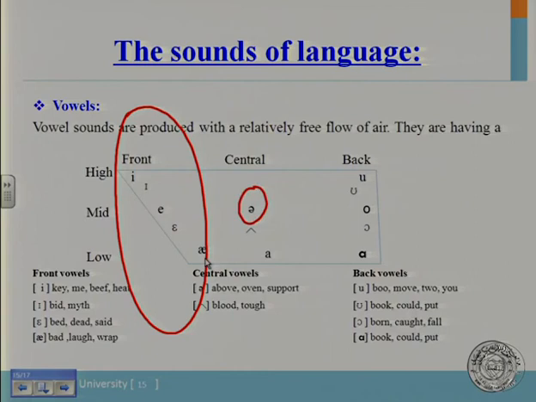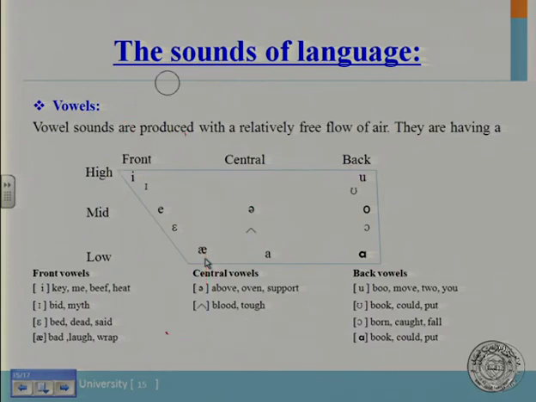But the second one is this one. This sound is as in blood, tough, rough, blood. And these two vowels are called central.